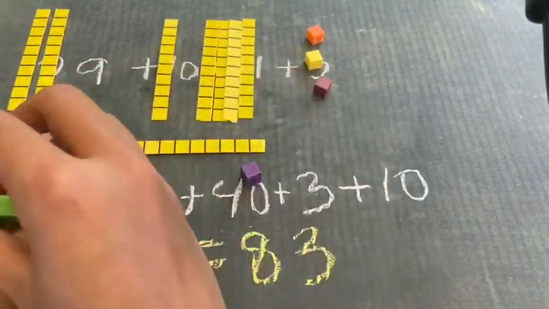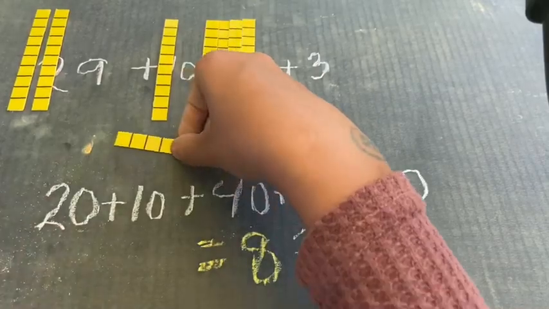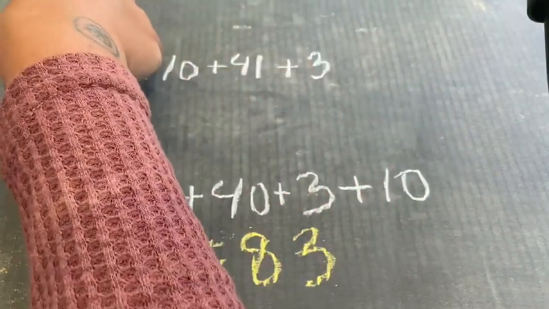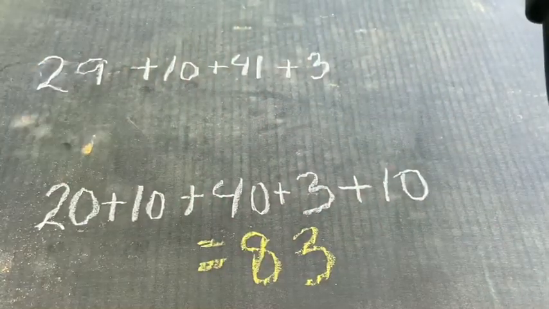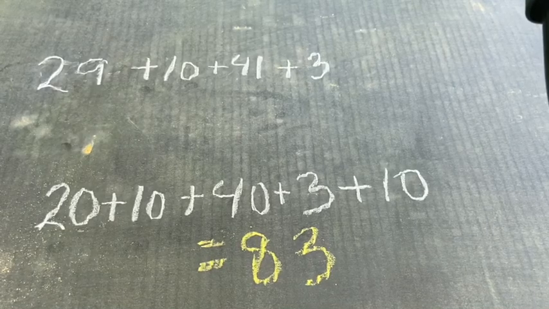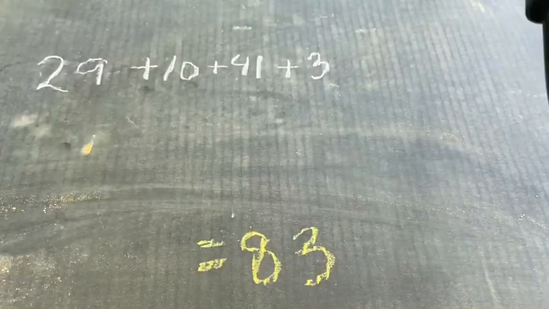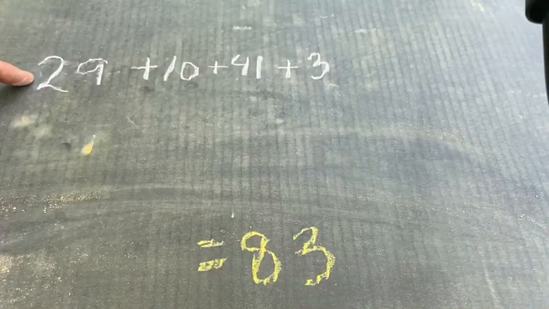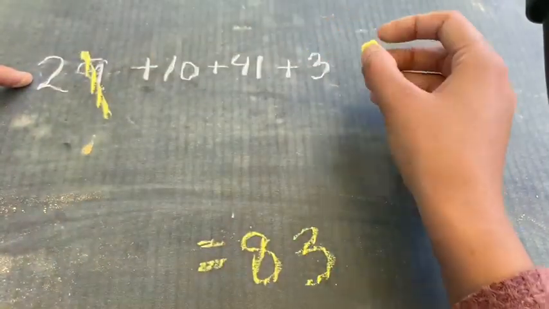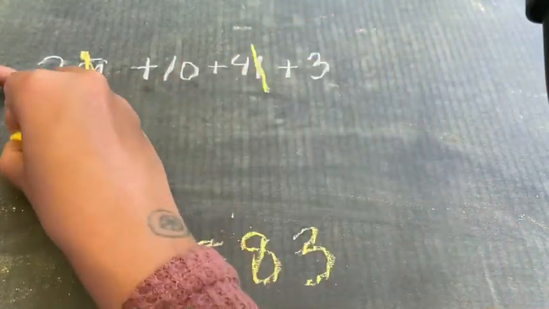So if you're taking all these out and just looking at the problem, which is what you're going to have at home, you'll realize that 29 has a 9 that you can use to make a 10 with 1. So there's a 10.